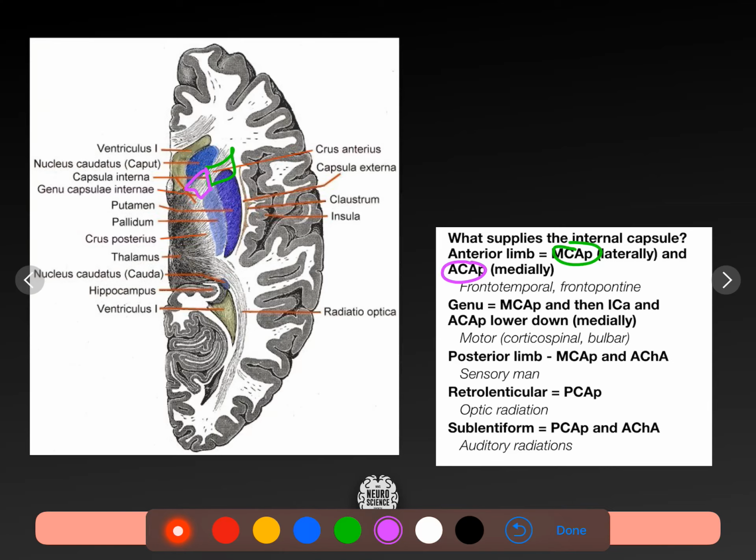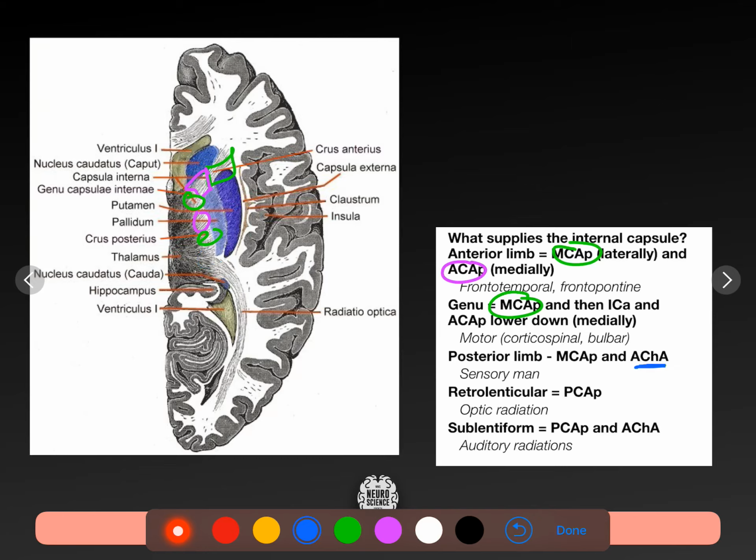The genu is supplied by the MCAP here, and then ICA and ACAP lower down more medially. The posterior limb is MCAP again, and also, importantly, the anterior choroidal artery.